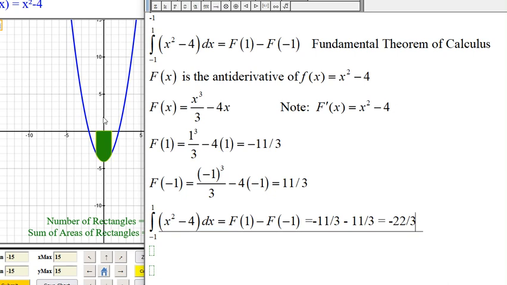If some of the area is below and some is above, it will be positive if there's more area above the x-axis, and negative if there's more area below. So this definite integral has a value of negative 22 thirds.